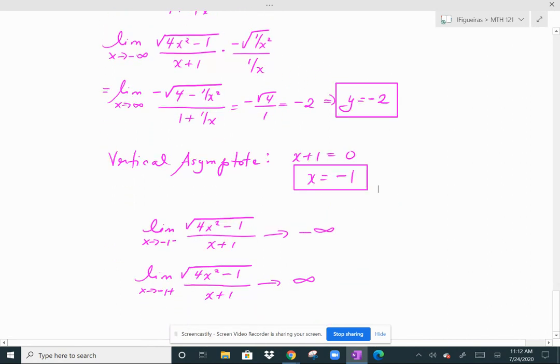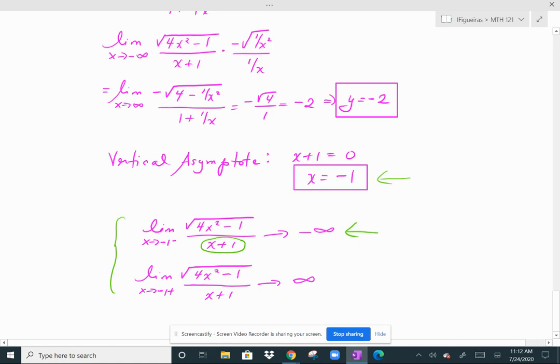And if I do a sign analysis of this behavior, if you take the limit as x approaches negative 1 from the left and from the right, and you look at what the behavior of the function is, when you approach negative 1 from the left, this will be a negative number. A small negative number and a very small negative number means that this entire expression approaches negative infinity.